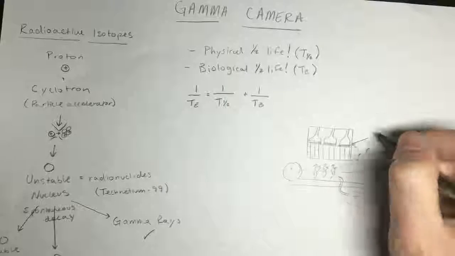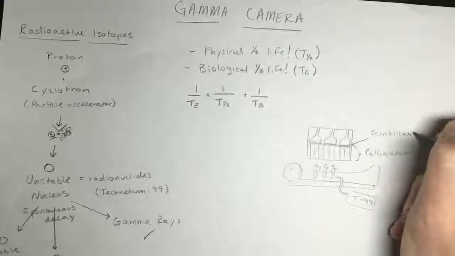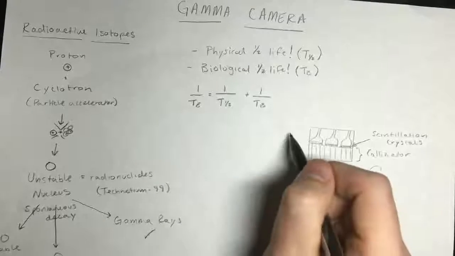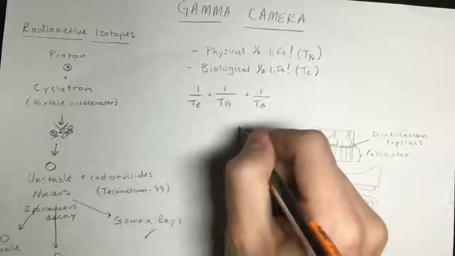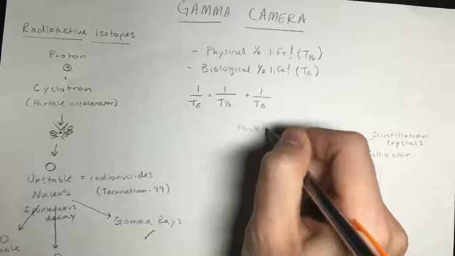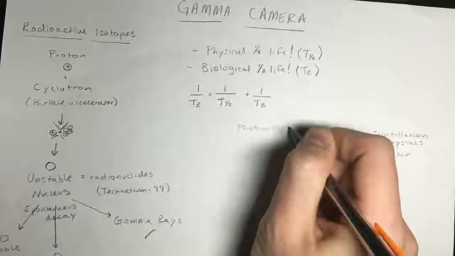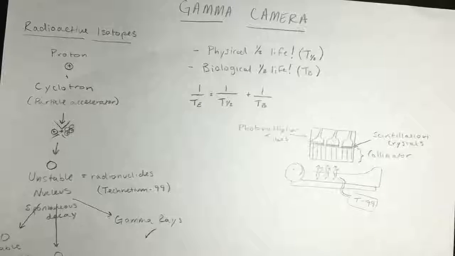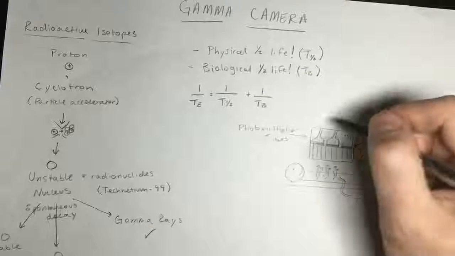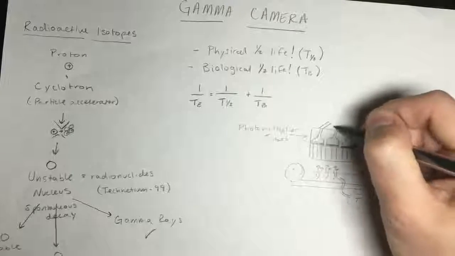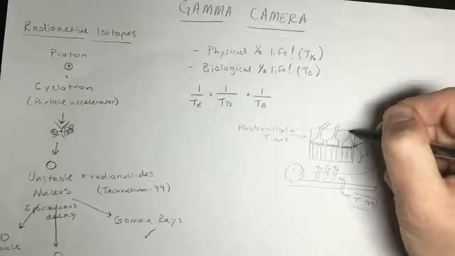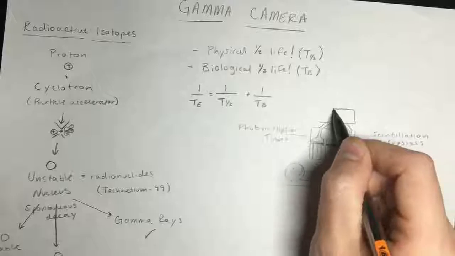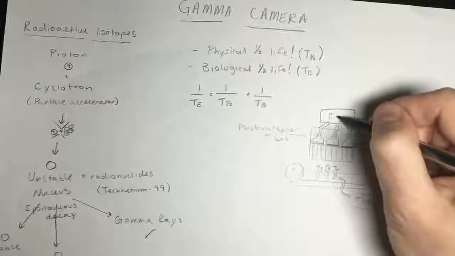The lead collimator blocks most of the diverging gamma rays, and only the rays that are emitted straight through go into a scintillation crystal. The scintillation crystal then produces photons, which are then introduced into the photomultiplier tubes to the CPU to create a digital image.